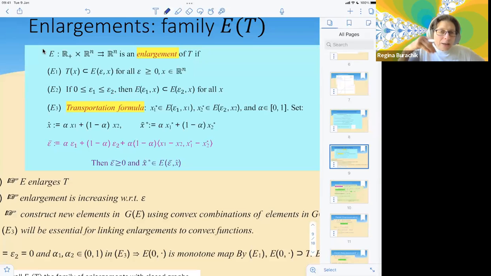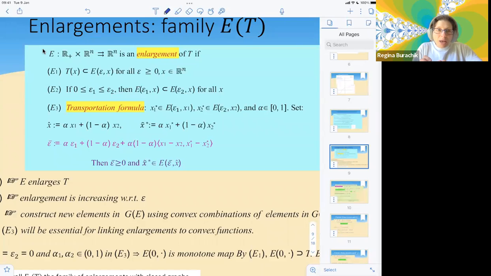But I think the main usefulness of this definition is that it lets you generate a method in which the iterates are constructed in such a way that, like in the bundle method, I know that I have two iterates in the graph of the subdifferential, and if I combine them in a convex way, I get a new element in the graph of the enlargement.